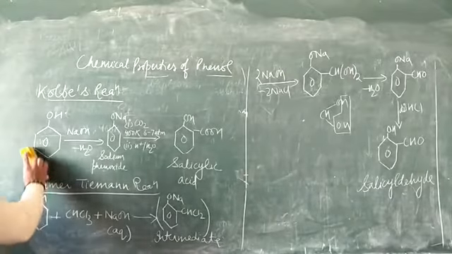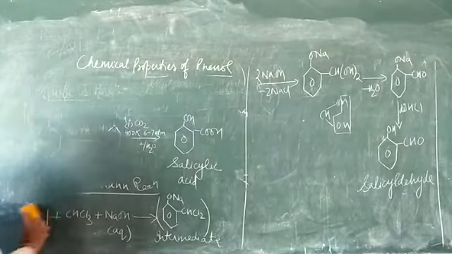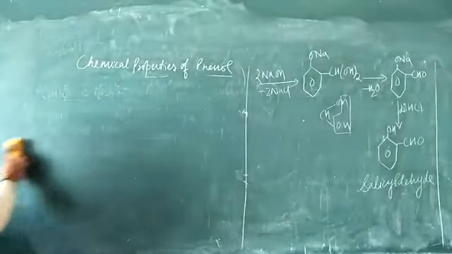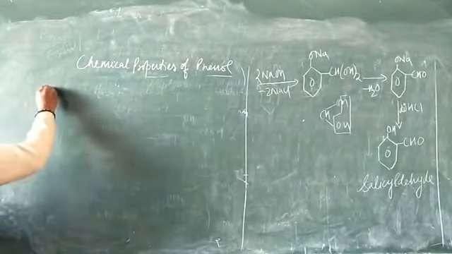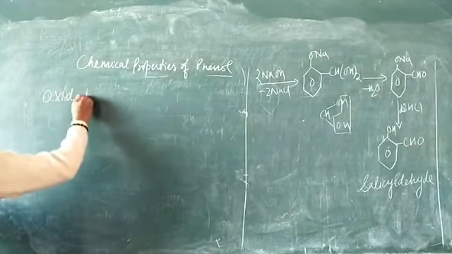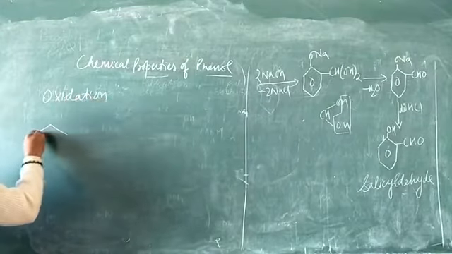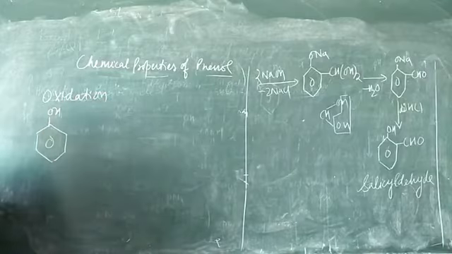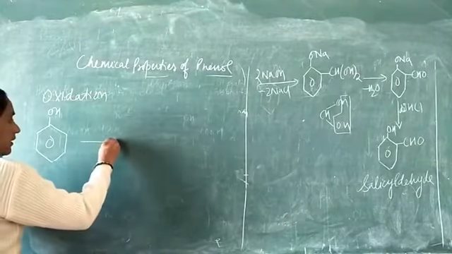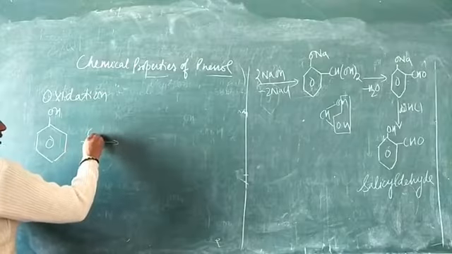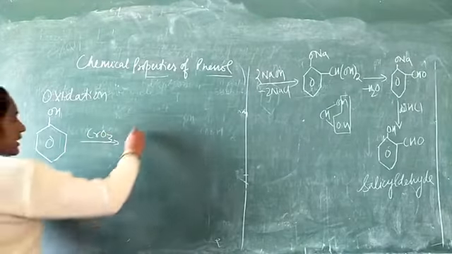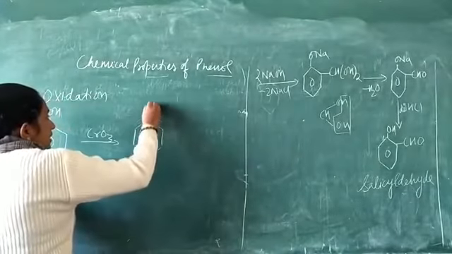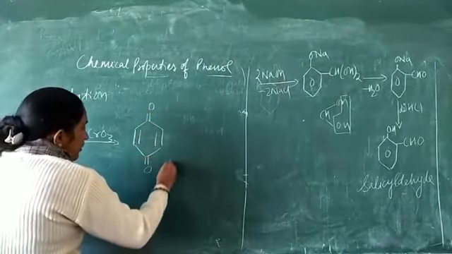Now, next after this, the other reaction which the phenol shows is the oxidation of it. Now, phenol is very much subjected to oxidation by air, right? It undergoes oxidation either in presence of chromium trioxide to form para-benzoquinone.